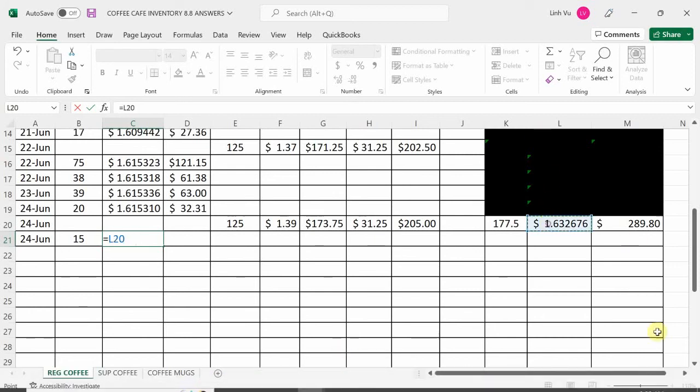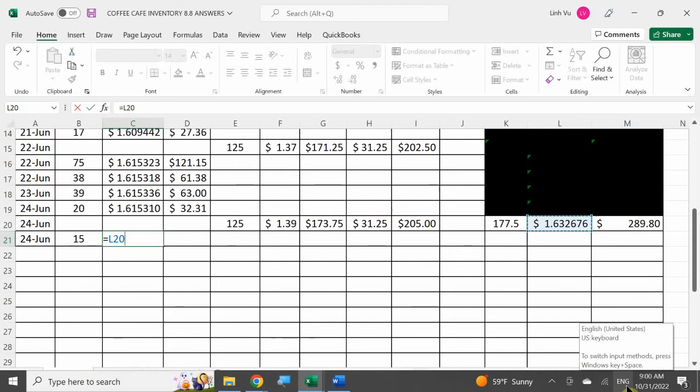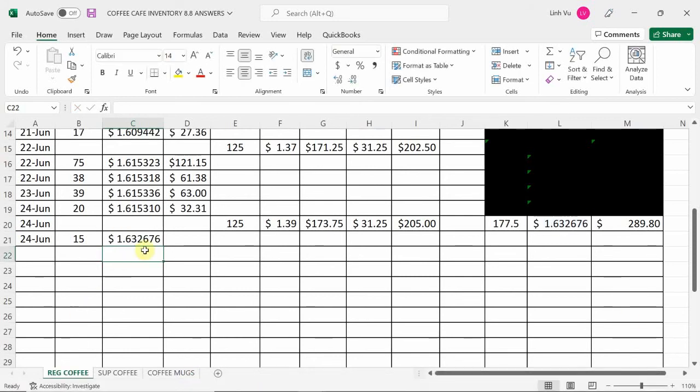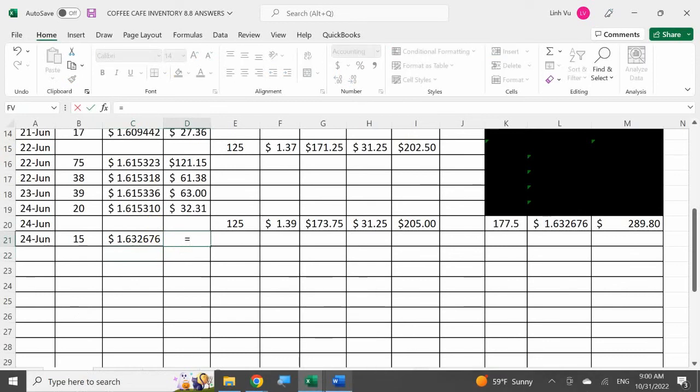It would be 1.6322, 1.63. Would be $24.49, yes, 49 cents.